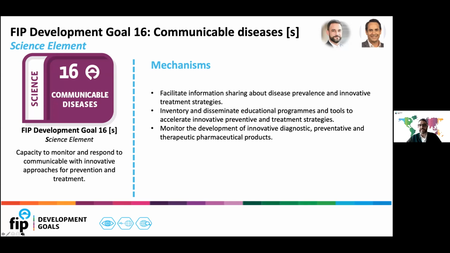These include facilitating information sharing about disease prevalence and innovative treatment strategies, conducting an inventory and disseminating educational programs and tools to accelerate innovative preventive and treatment strategies, and monitoring the development of innovative diagnostic, preventative and therapeutic pharmaceutical products. And Cameron will now present some of the priorities within the science dimension or element of Development Goal 16.